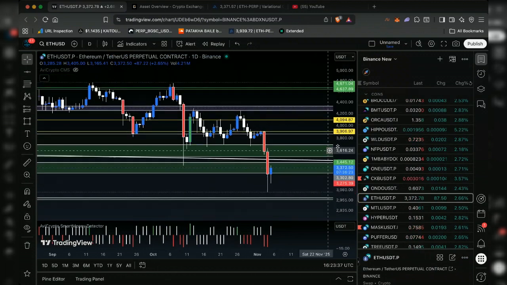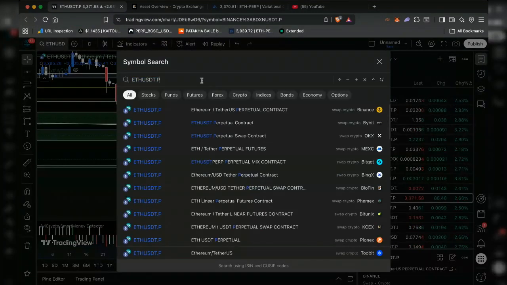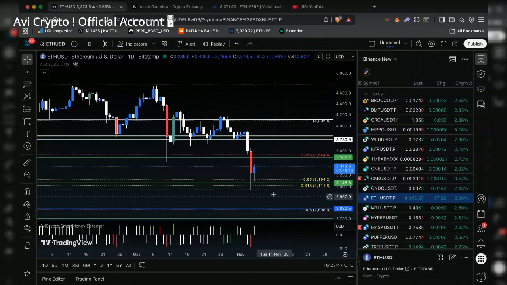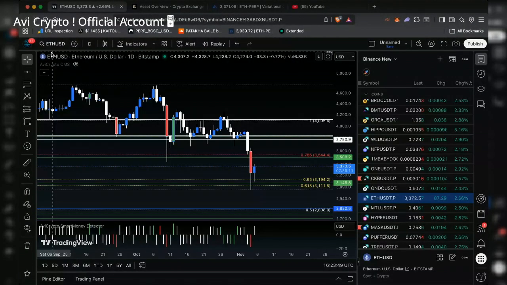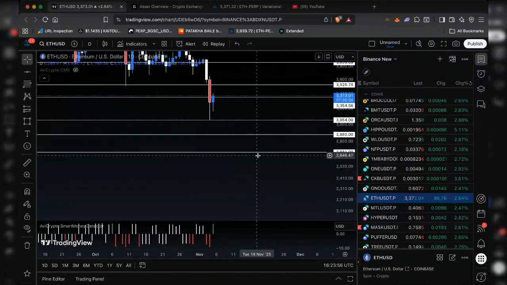ETH is also trying to claim. Okay, which we missed on the ETH chart. It's exactly bouncing from the golden level. Yes, these are the levels which I shared with the mentors in the morning.